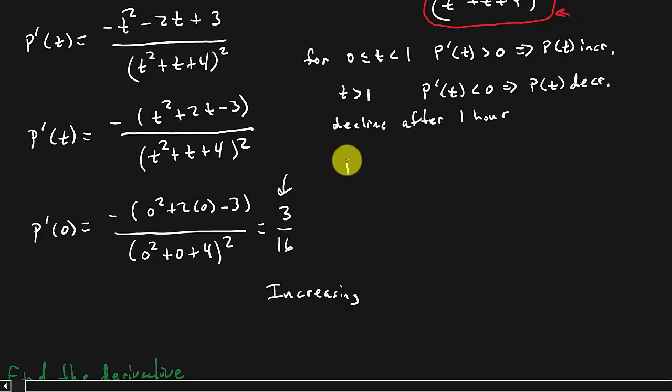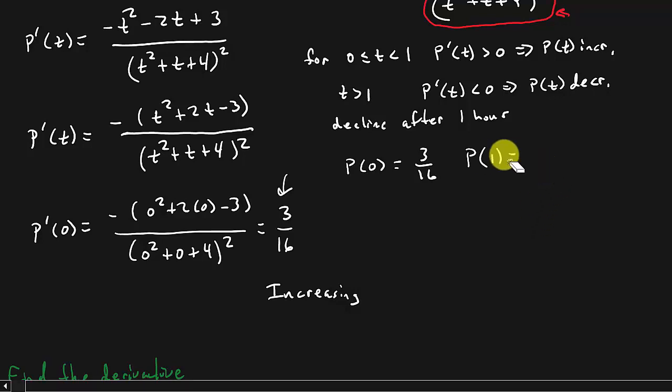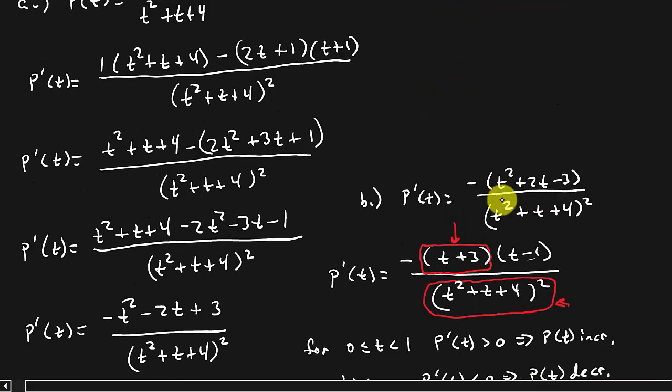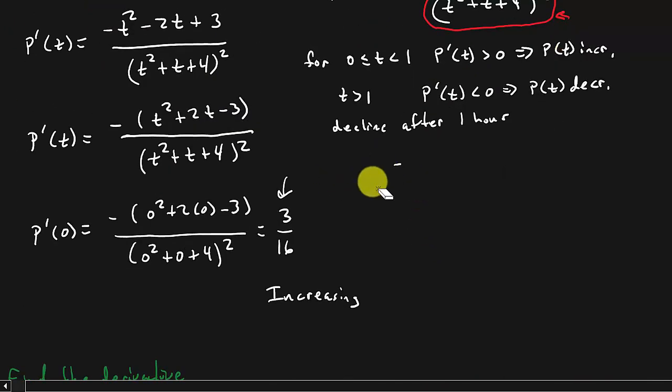Well, we know that P of 0 is the initial, that's 3/16. And then we need to figure out what P of 1 is. So P of t is equal to, let's see, I got that problem written down.